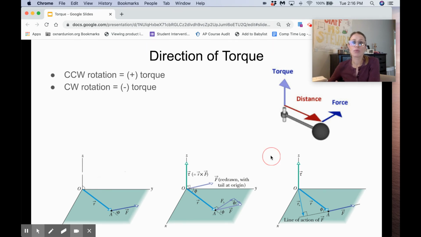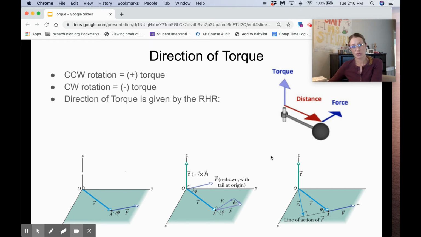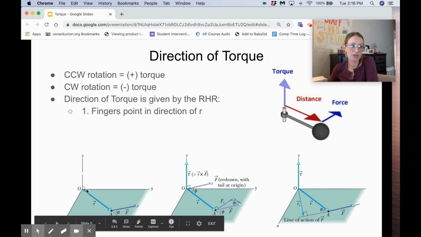Now we can get the direction of torque by something called the right hand rule. What we do here is, one, we point our fingers in the direction of r, our moment arm. Here you can see that r is pointed kind of outwards toward us. Two, you curl your fingers in the direction of the force.